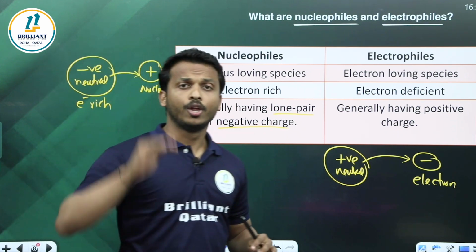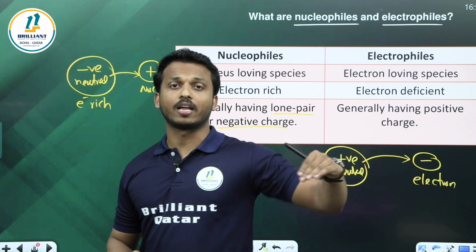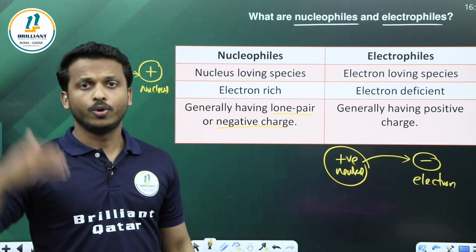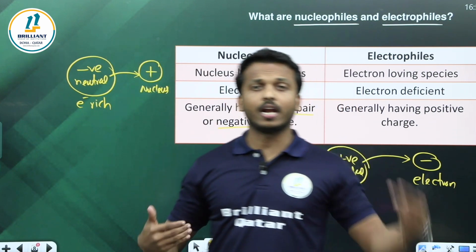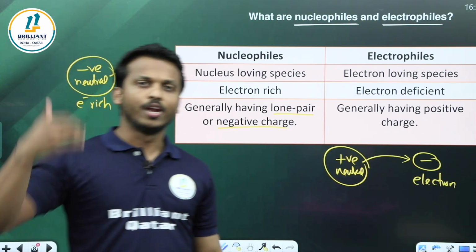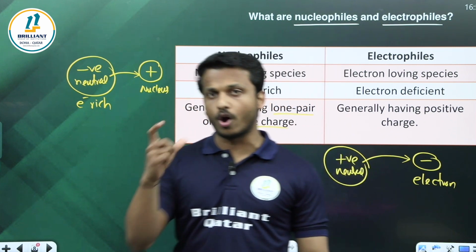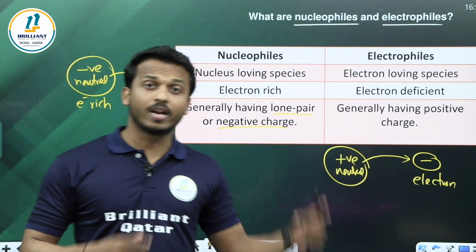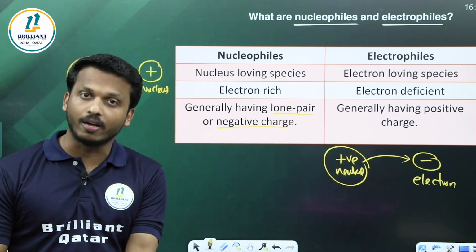So generally, nucleophiles are nucleus attracting species, electrophiles are electron attracting species. Nucleophiles attract a nucleus because they are electron rich. Electrophiles attract electrons because they are electron deficient. Nucleophiles' general charge is negative or they have a lone pair, whereas an electrophile's general charge is positive, or they are electron deficient, correct?